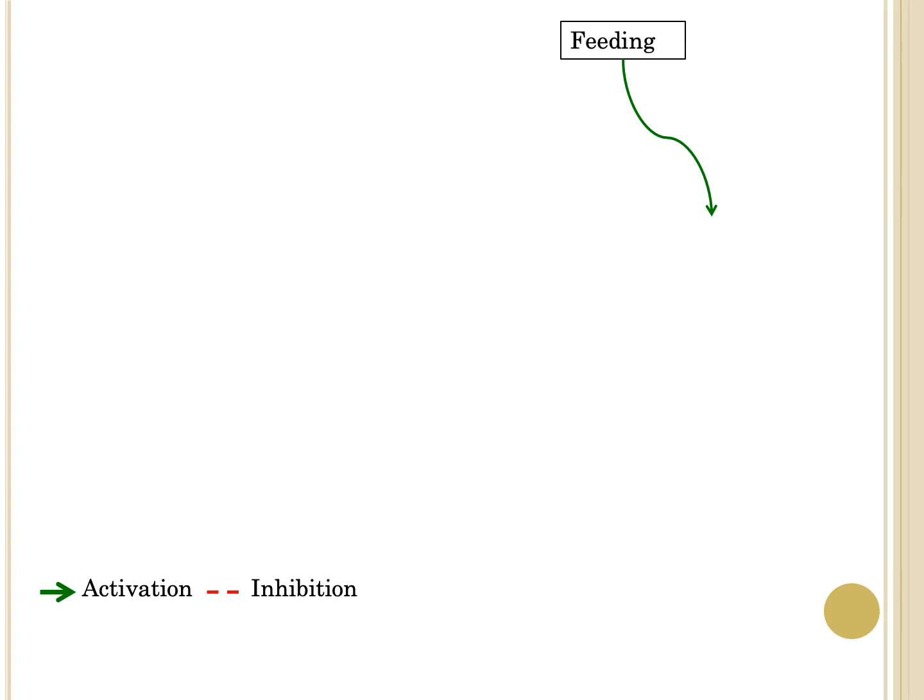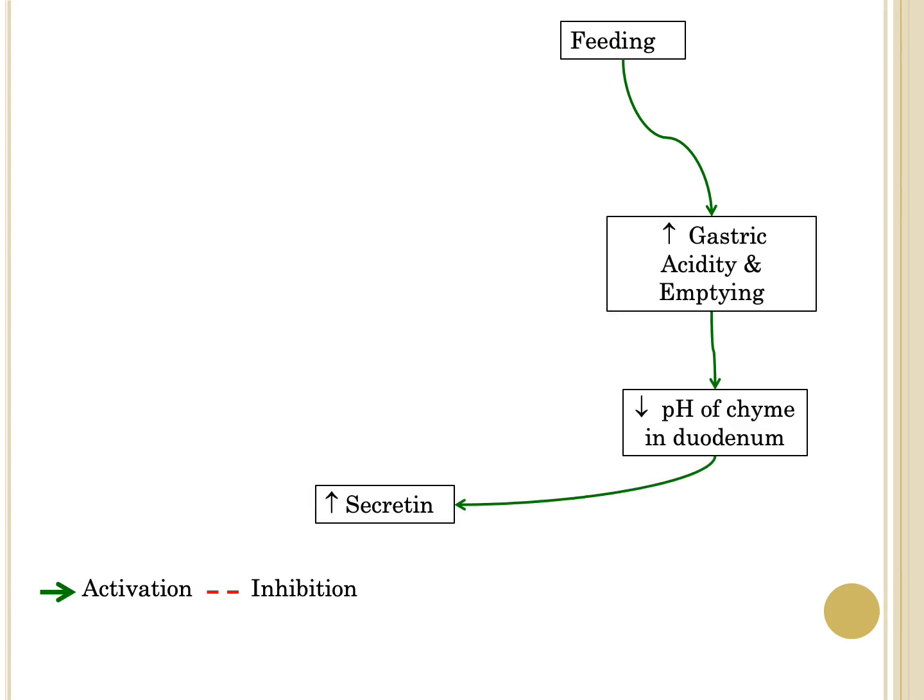So what's going to look at the rate of secretion of hydrochloric acid? Well, as we start to increase gastric acidity and empty, we need to somehow control the rate of hydrochloric acid being produced. So inhibition of gastrin is going to help that out. But we have a secondary hormone that's going to come into play, and that is secretin.